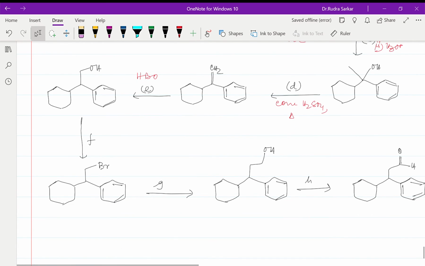Next. Sir, PBr3. Hmm. Next. Yes. In this you have to do Mg, ether and then you have to follow it up by CH2O. That is formaldehyde. Then you do the acidic workup. Next.